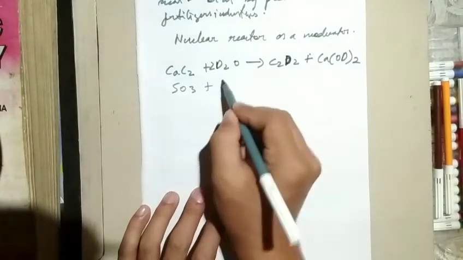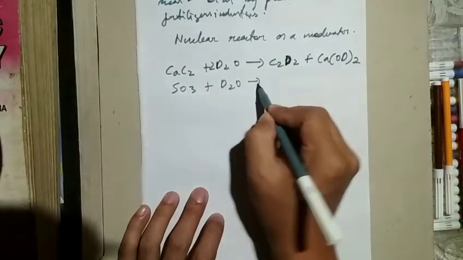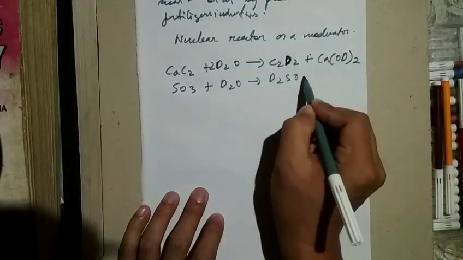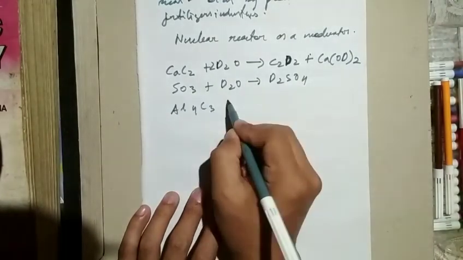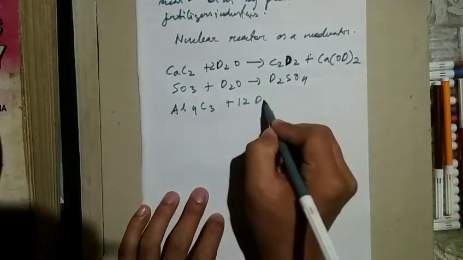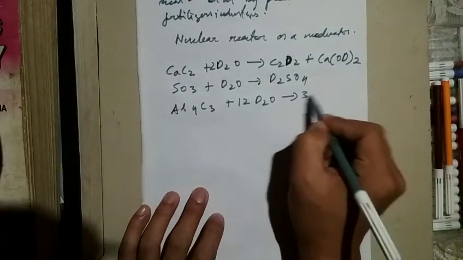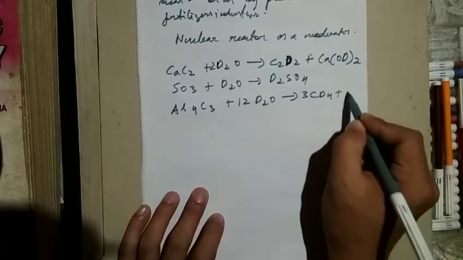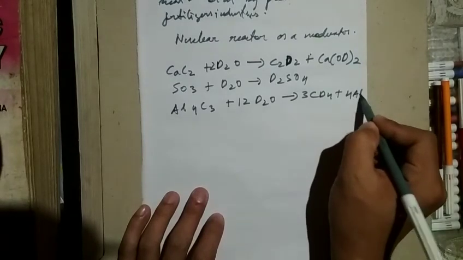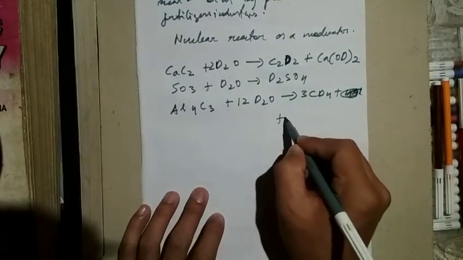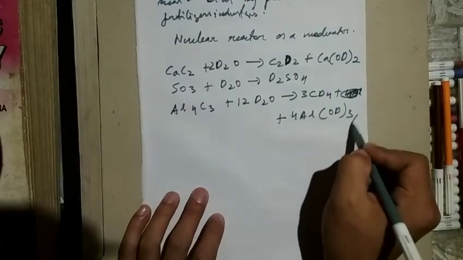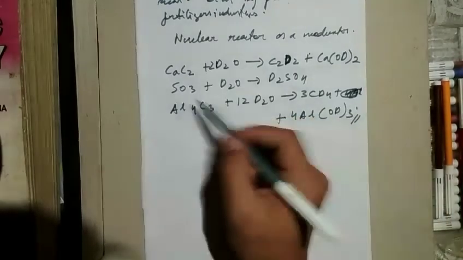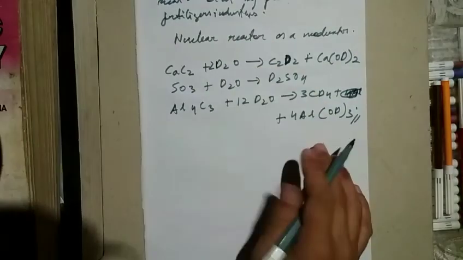SO3 plus D2O gives D2SO4. Al4C3 plus 12D2O gives 3CD4 plus 4Al(OD)3. So these are some of the reactions of heavy water.